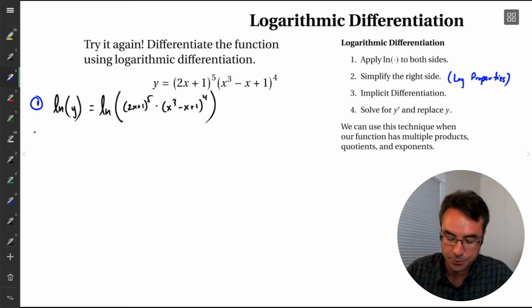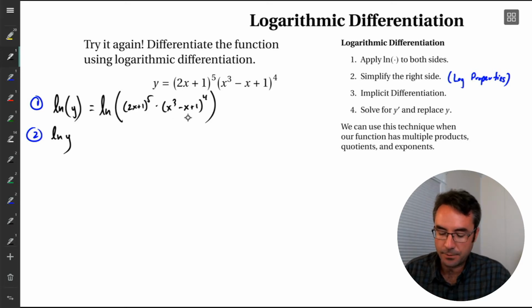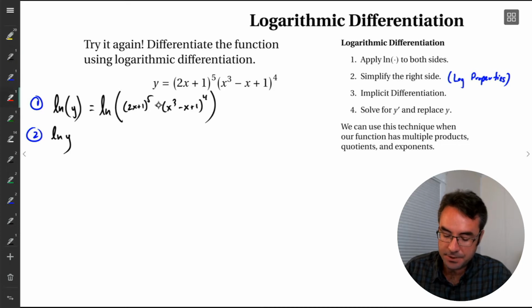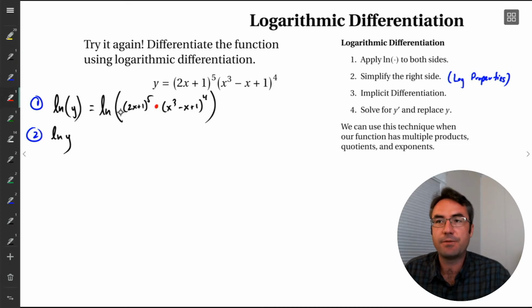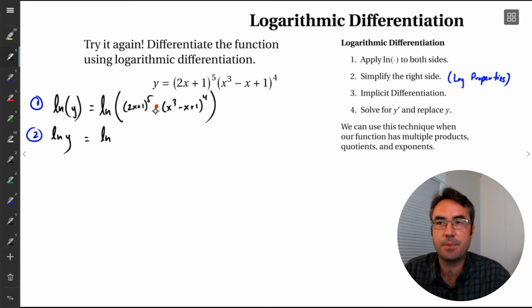All right, so step two, let's apply our log properties here. Nothing to do on the left, so that'll just stay natural log y. But on the right, the first thing we can do is deal with that product. So we have a product of two x terms in here. So we know when we have multiplication, one thing times another thing inside the log function, we have a log property that allows us to convert that multiplication that was inside into addition that's outside.